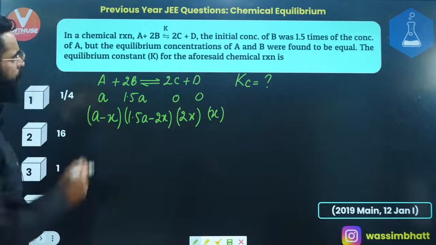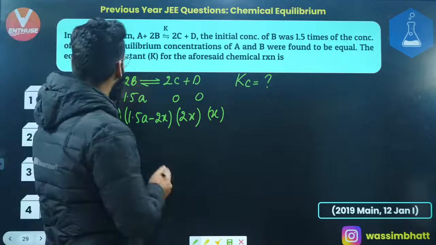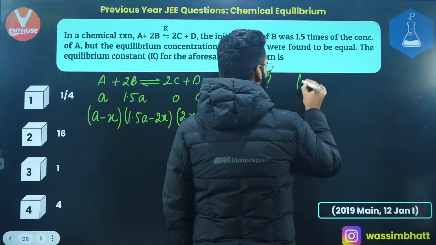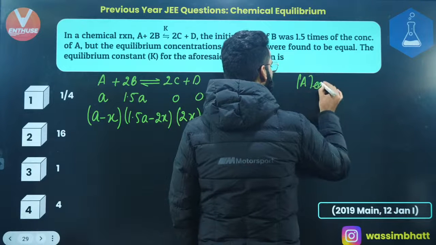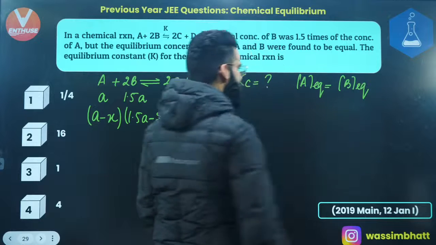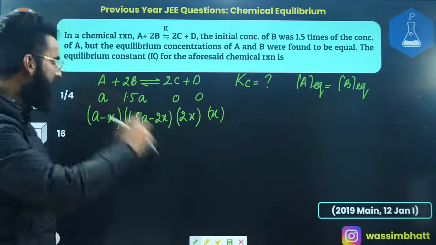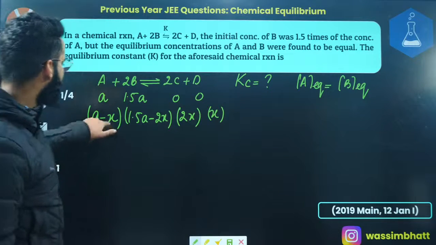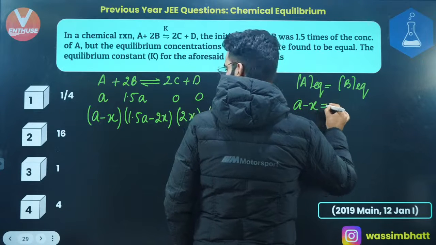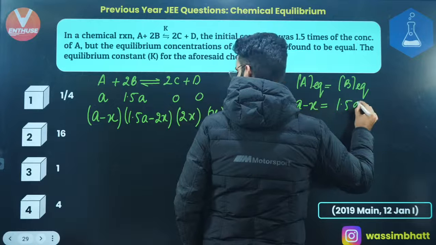Now it's mentioned in the question that the equilibrium concentrations of A and B were found to be equal. So the concentration of A at equilibrium is equal to the concentration of B at equilibrium. The concentration of A at equilibrium is a minus x, and the concentration of B at equilibrium is 1.5a minus 2x.